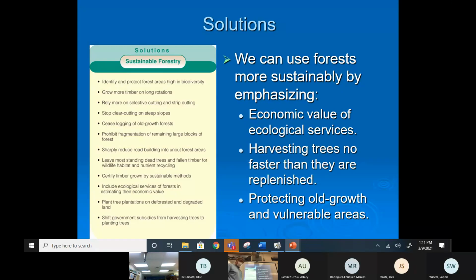For example, here at Tahoe, it mostly used to be Jeffrey pine, which we still have. A ton of Jeffrey pine has grown back, but there would not be white fir at our elevation. And we see a lot of white fir mixed in with our Jeffrey pine here. And white fir is now to the age that it's starting to die off and it's becoming a fire hazard for us.